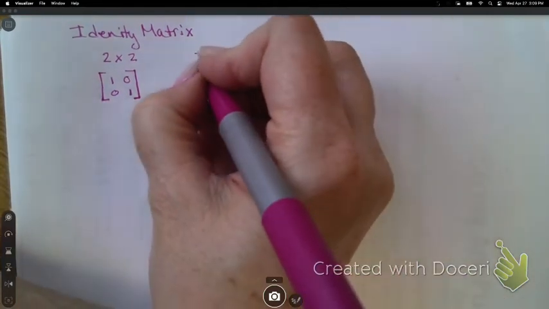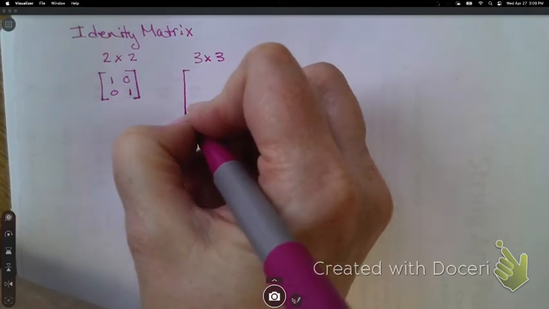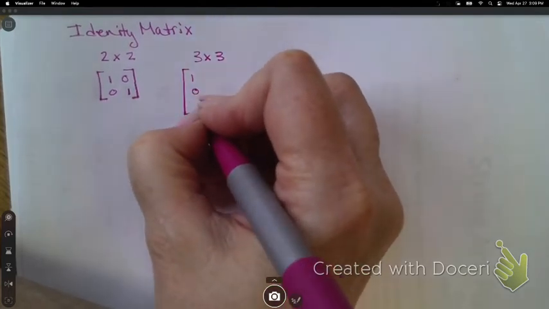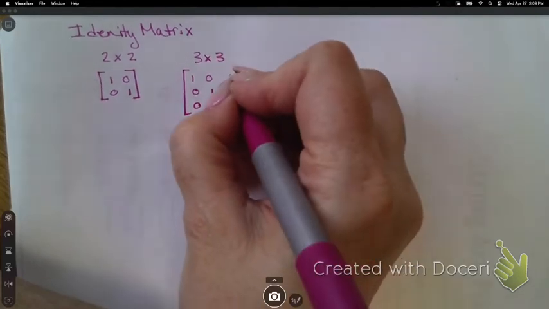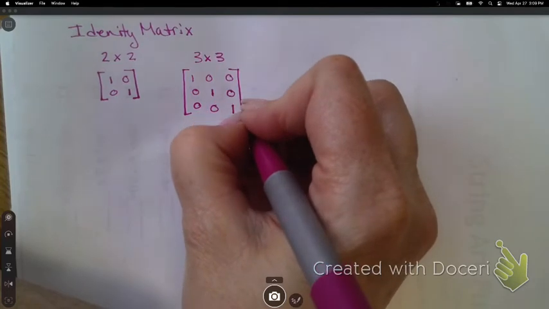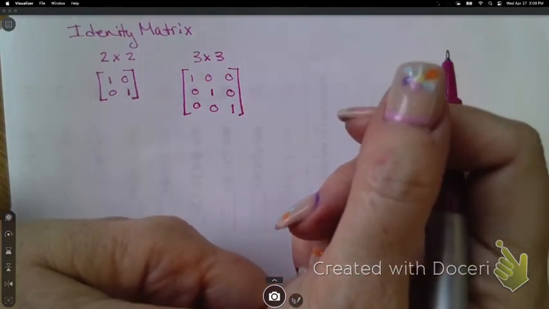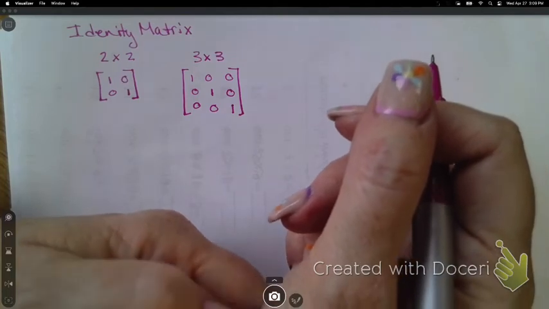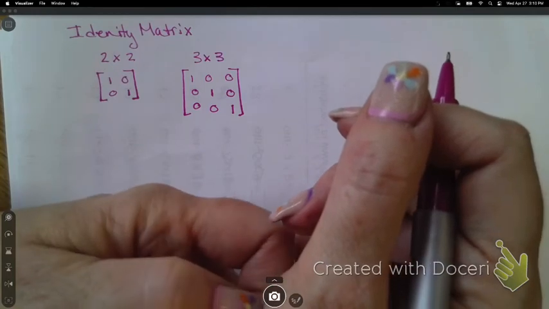So a 3 by 3 identity matrix is 1, 0, 0, 0, 1, 0, 0, 0, 1. Where have we done this before? Gauss-Jordan elimination, correct? When we did Gauss-Jordan elimination with the row operations, you'll do it again next year.